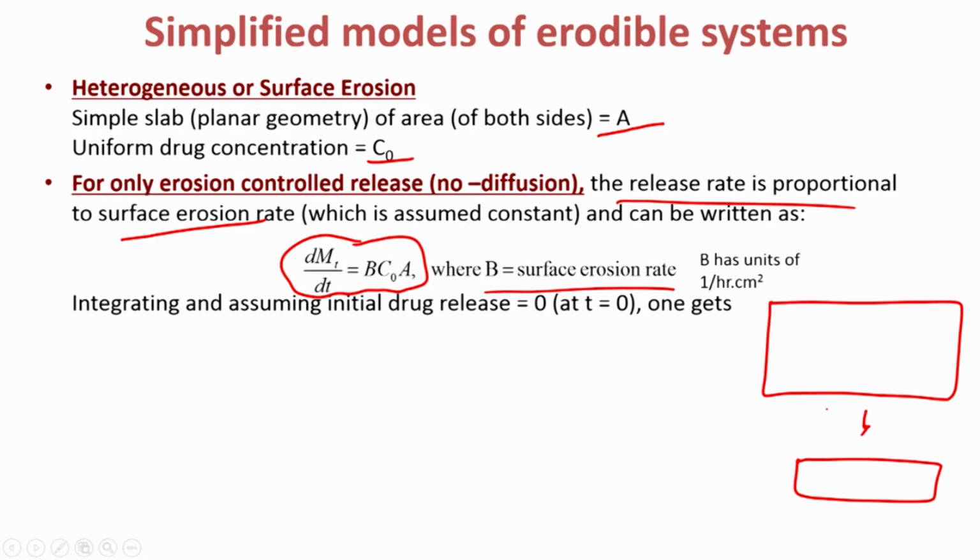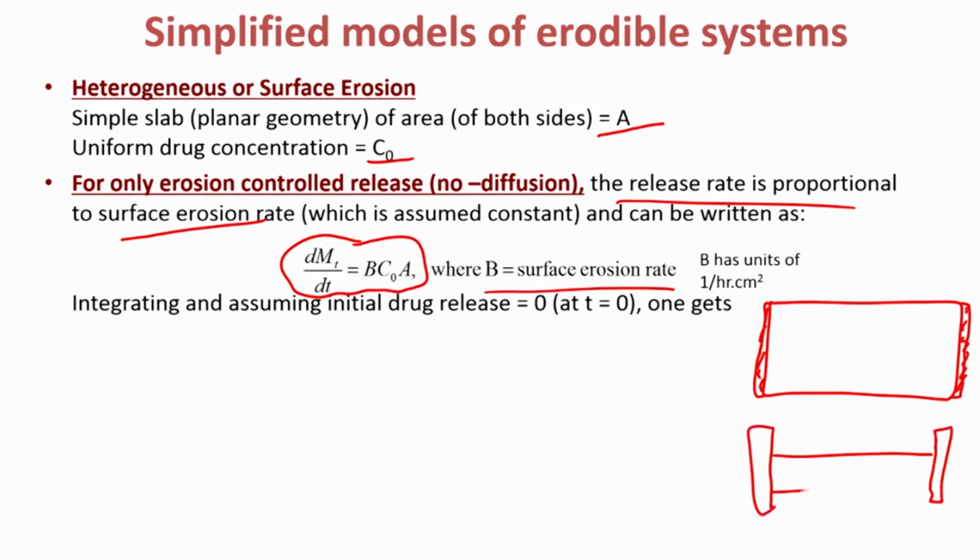The other case could be that instead of going like this, let us say all the edges are non eroding, and only from the 2 edges it is eroding or the drug is coming out. Then you will have this converting to somewhat of a design like this, in which the drug D is present here.